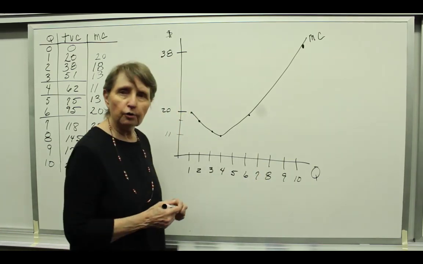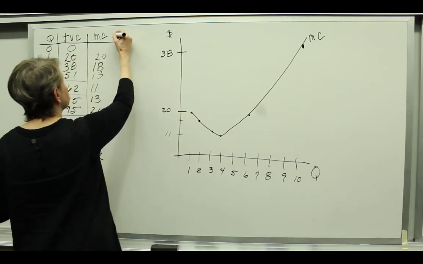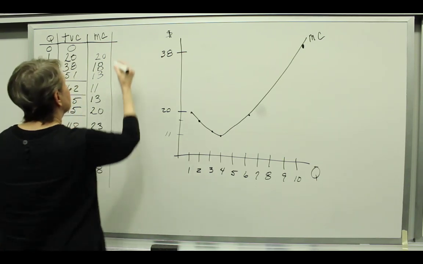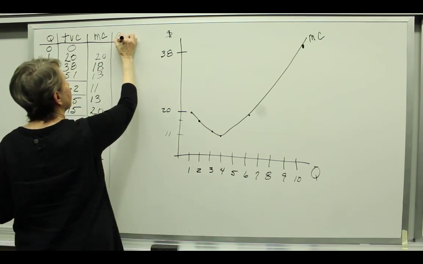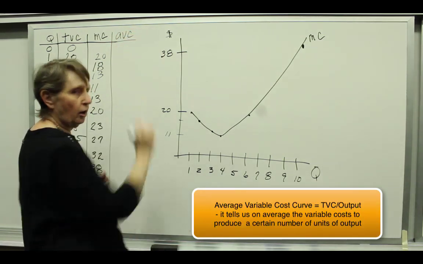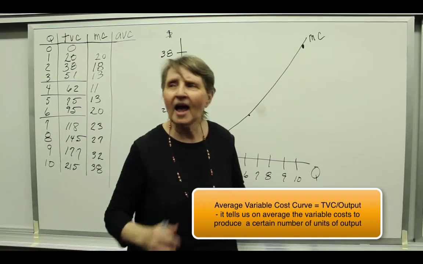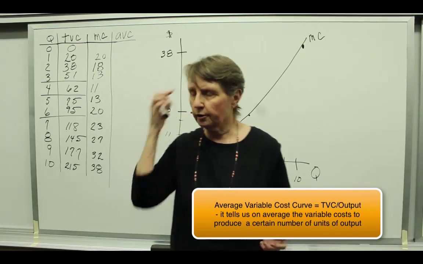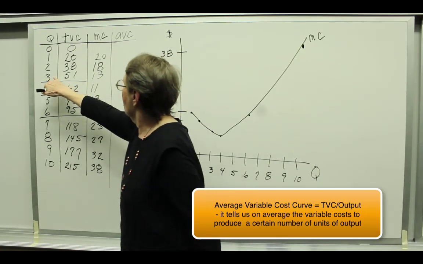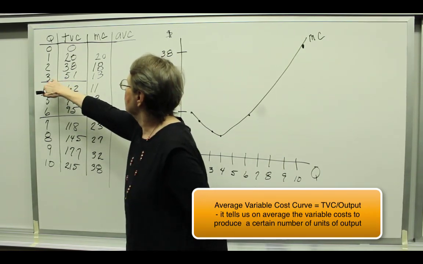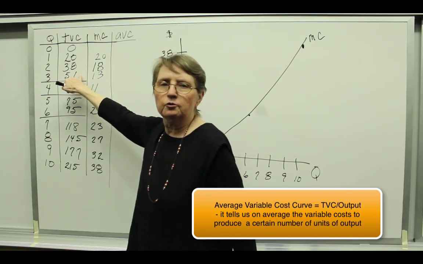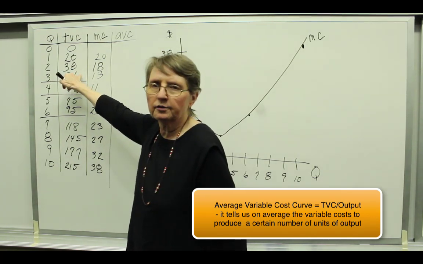The next curve I want to look at is going to be average variable costs. So let's think about what that means. Average variable cost. What is the cost, the average variable cost, if I make 3 widgets, they cost $51.